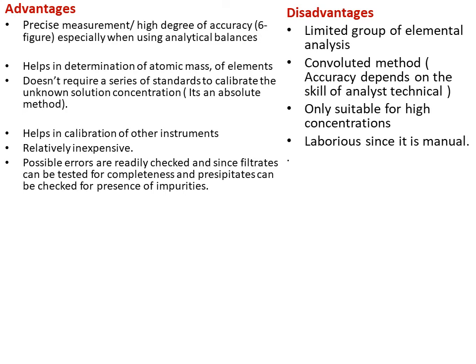We don't need standards to calibrate it. Instead, it can be used to calibrate other instruments. It is relatively inexpensive, and errors can be easily checked. Since we can repeat the experiment, we can resolve the impurity, and a lot of things can be done.